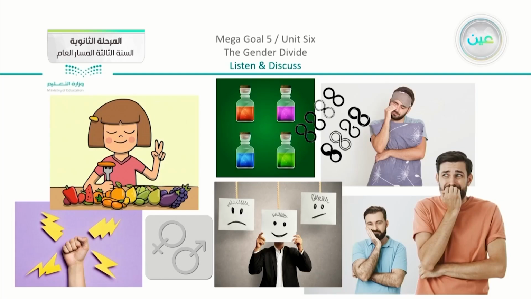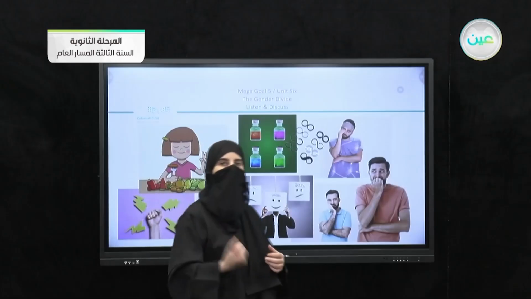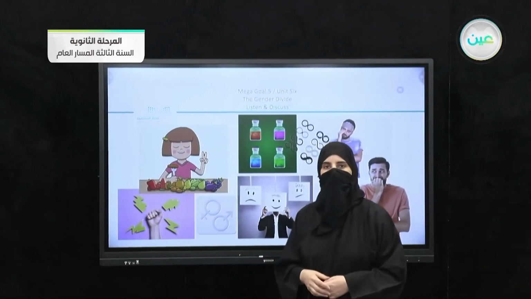We have these bottles or liquids in the bottles. We do have different moods here, you can see. We have something which is very clear, the symbols for each gender. We have a child eating fruit and vegetables. And we do have the fist here, or the hand, which shows some kind of power.